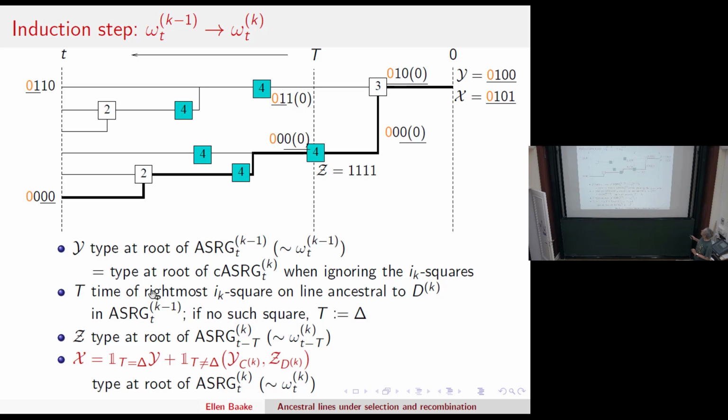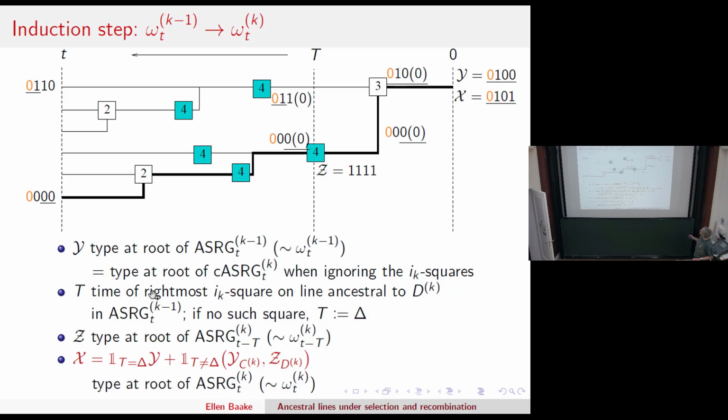And then we follow that back until we meet the first 4 square. And let capital T be the time where that happens. And if there is no such 4 square on the ancestral line, then we set capital T to dead.